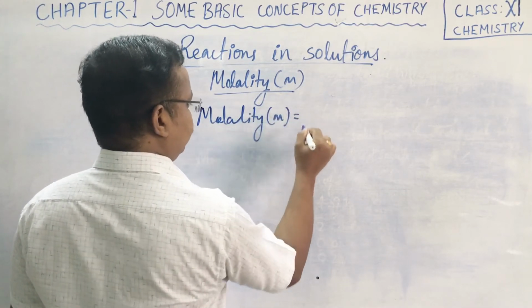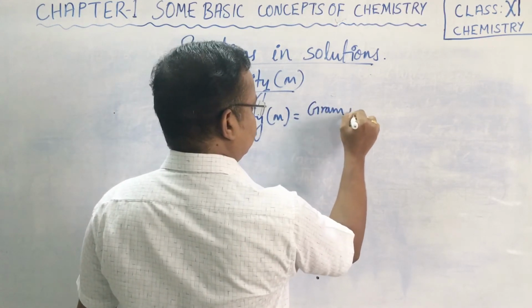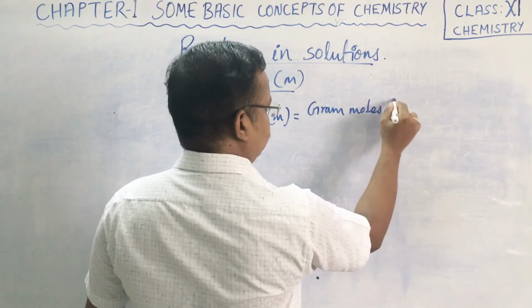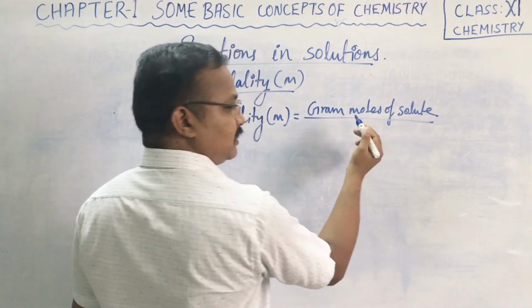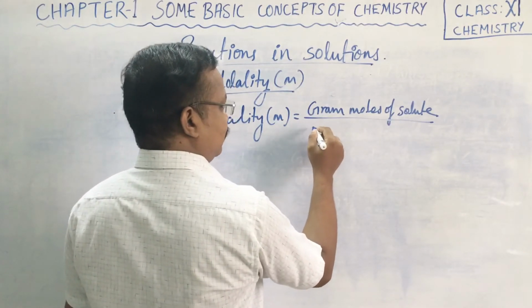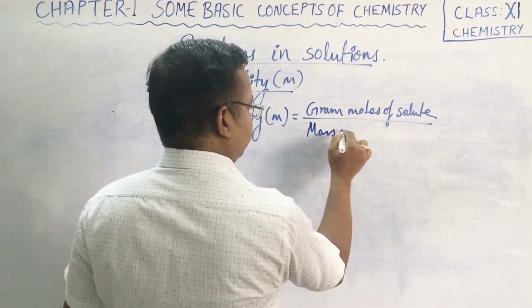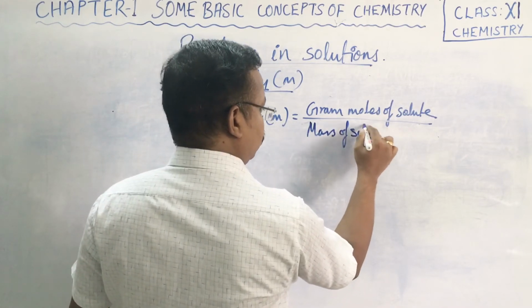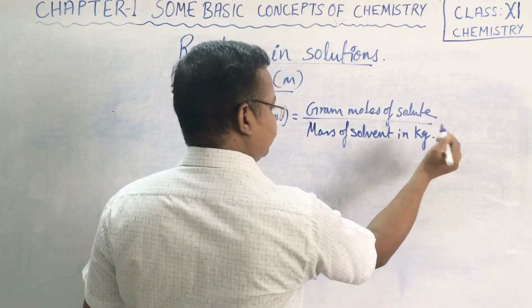m is equal to gram moles of solute. This is almost the same as molarity, only the top part. Down we have the mass of solvent in kg.